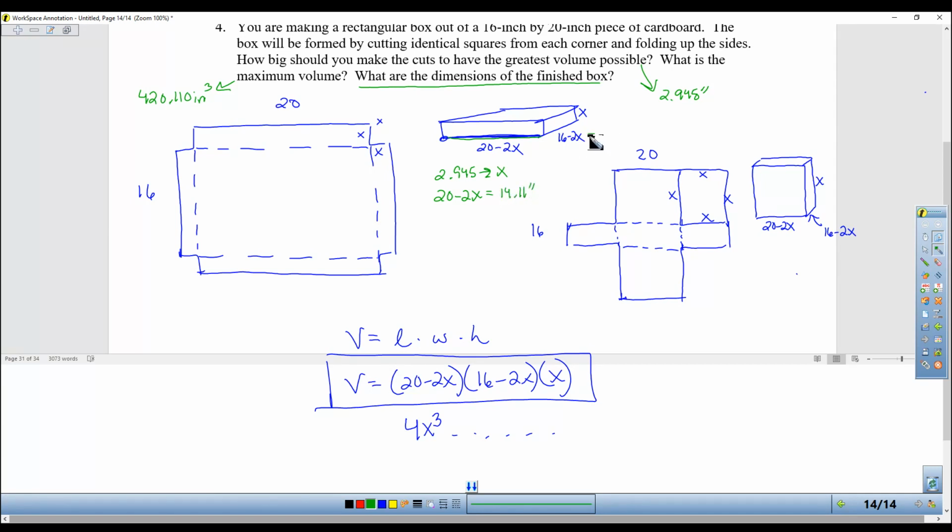And then 16 minus 2x is going to be 10.11 inches. So the final dimensions of the box are 14.11 by 10.11 by 2.945 inches.